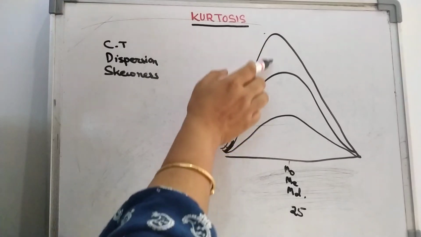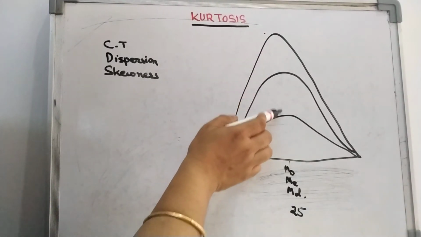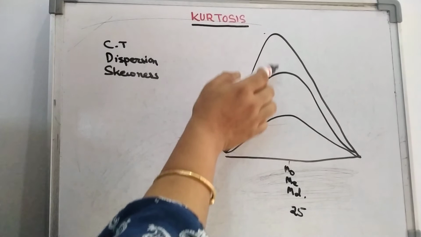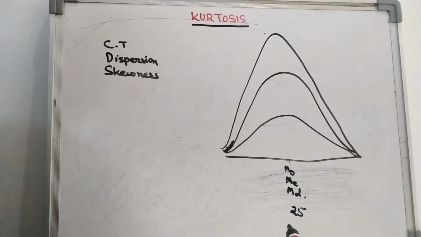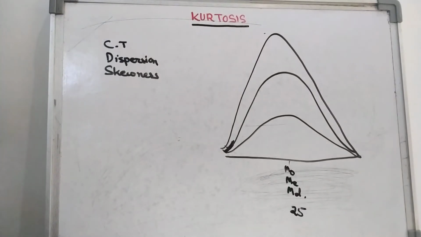Here fewer as compared to this, and here fewer as compared to these two. So we get a flat curve here. So kurtosis gives us the idea of the values closer to the mode value, how concentrated the values are toward the mode value.